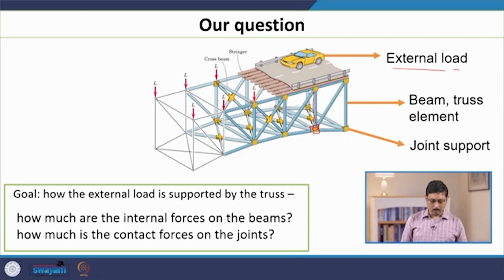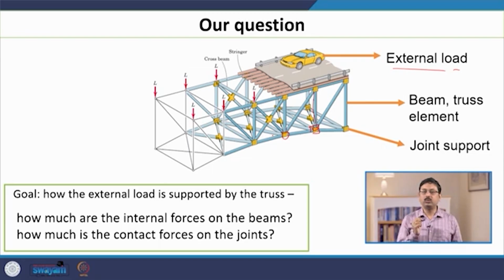Now, we want to analyze how this external load can be supported by this framework. The questions we can be interested in are these: to support this load there will be some internal force, which we call the tension force, which will appear in the beam. So, how much is the tension force in these beams, and how much is the contact force at the joints?